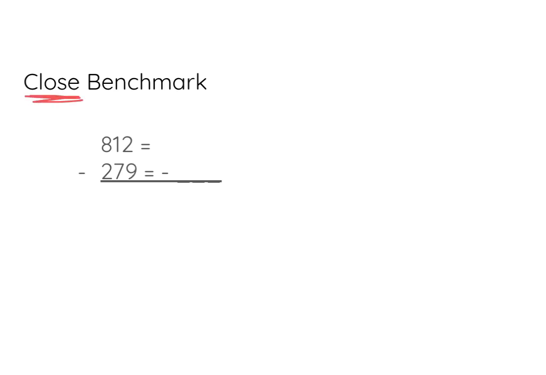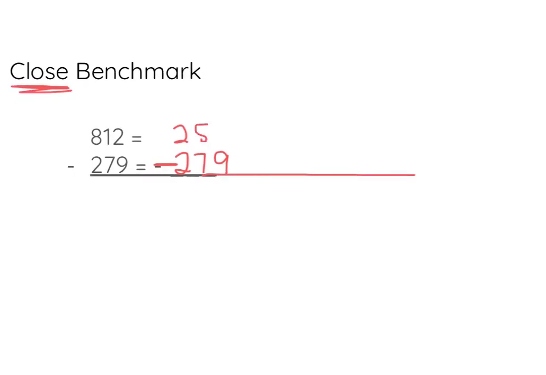All right, 812 minus 279. We're going to solve it as a close benchmark. So I put my 279 there, put my minus, and I think, who is 279's next 10? Well, it's just 280. Now, the hard part on close benchmark is to rename it.